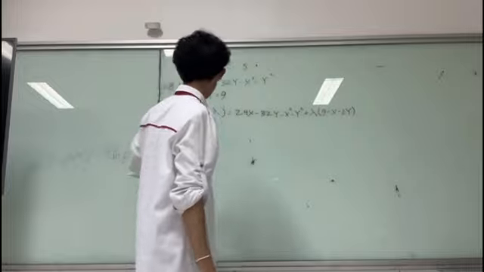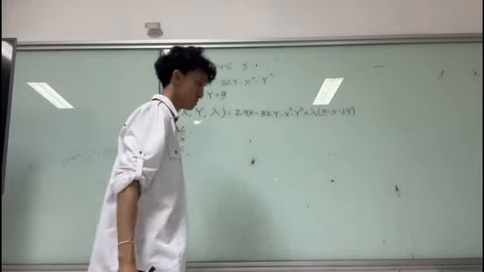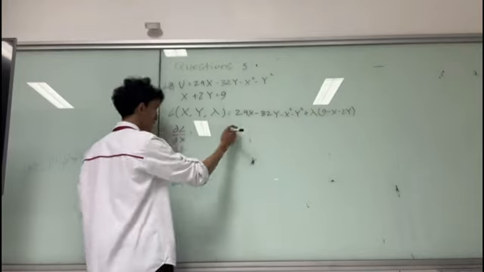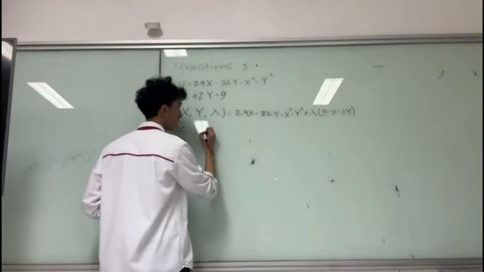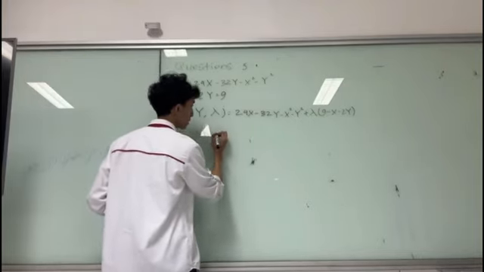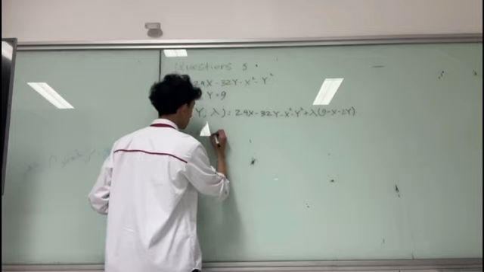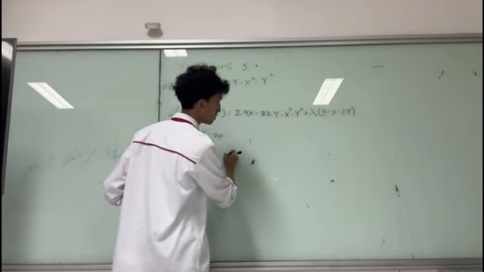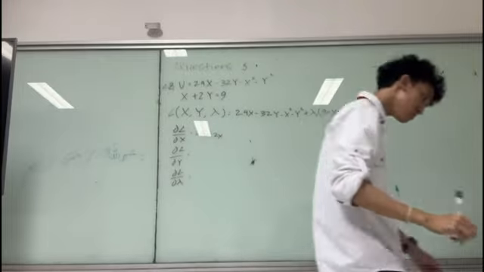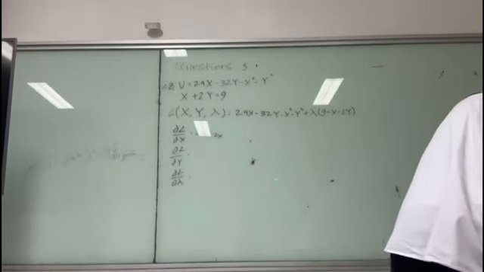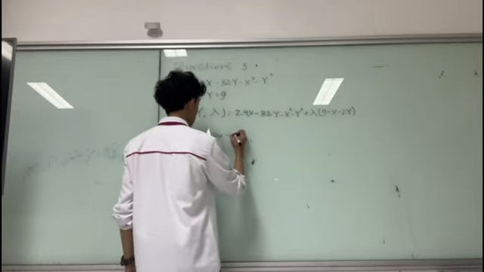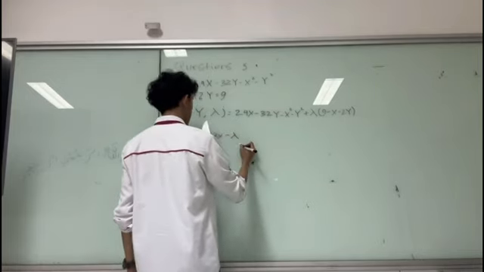Let's start with x. From x, we just differentiate the x here. So it's going to be 24 minus 2x minus lambda.